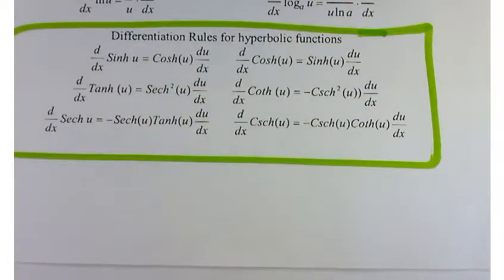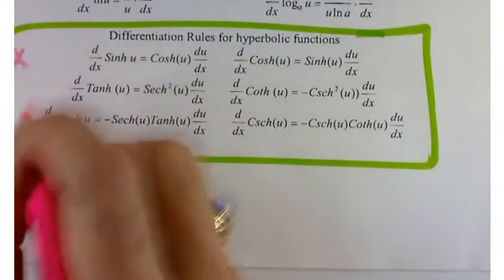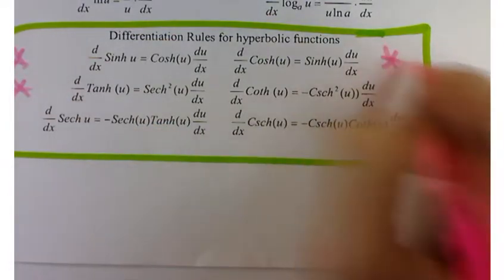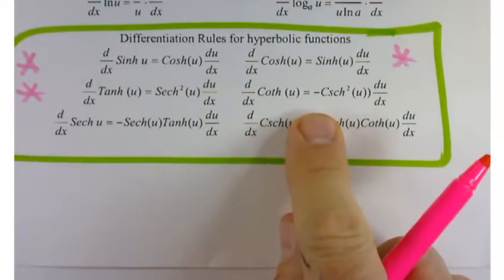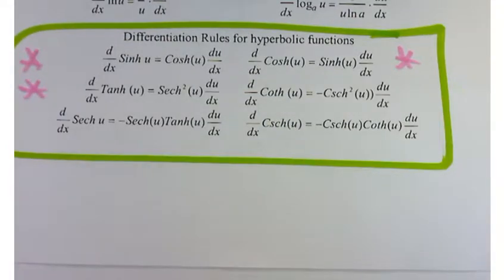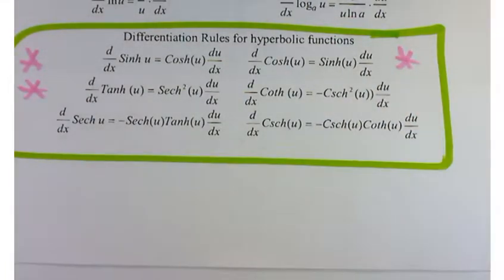The ones that I really want you to know are the basic ones right here. This one, and this one. So those three. Some of these other ones should look familiar from your work with trigonometry and your work in Calc 1. But it's these that are really going to get most of our work done. Those are mostly what you're going to see.